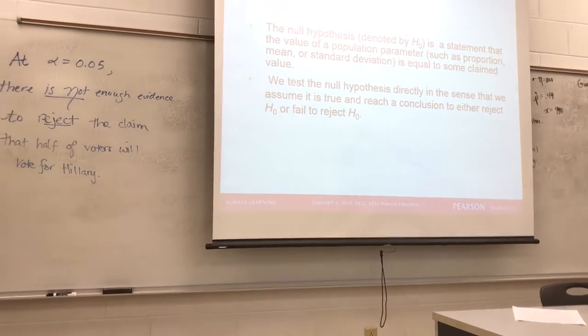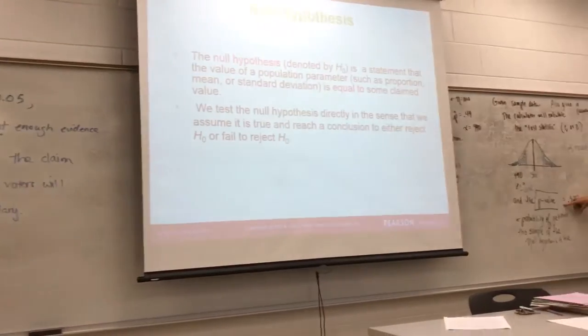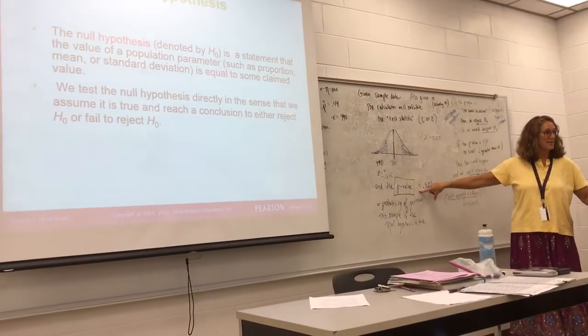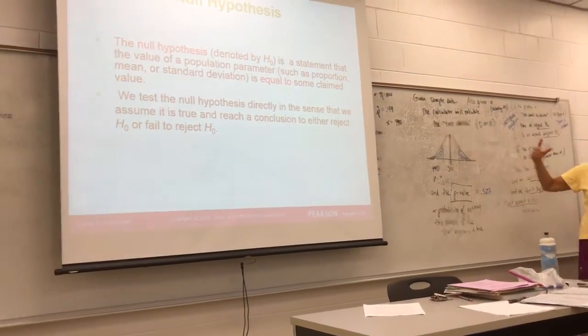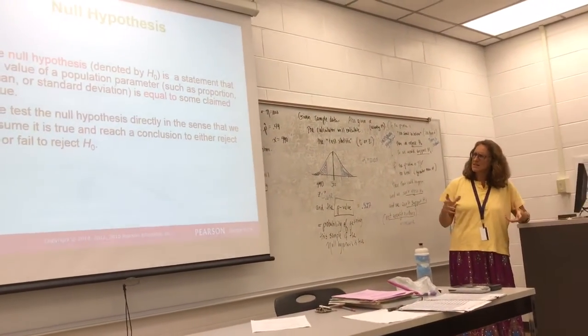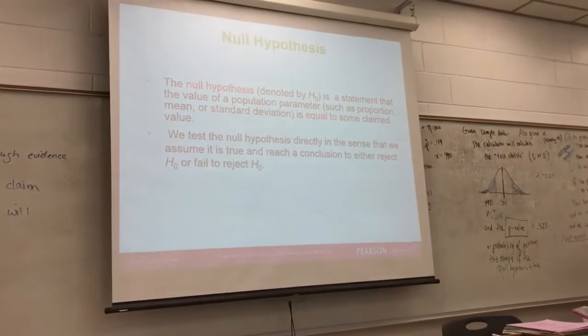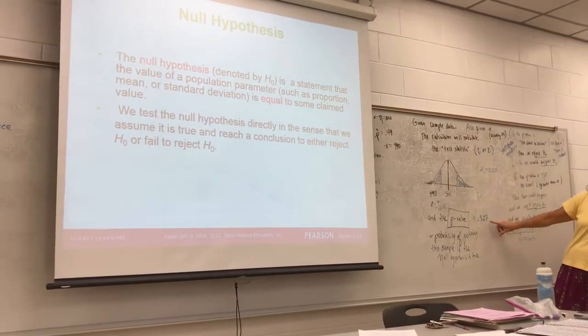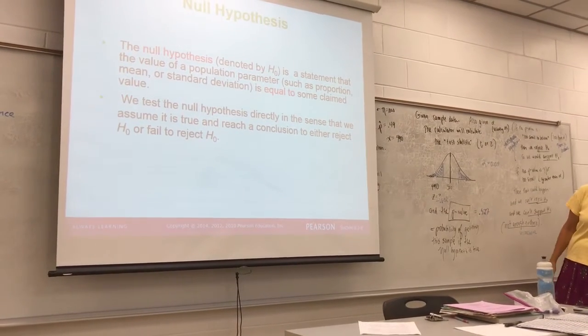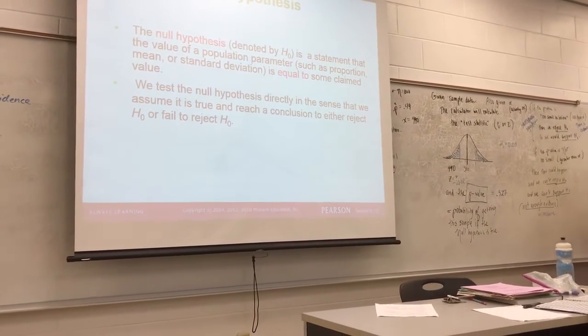That's actually another way you can view the p-value as the probability that the null hypothesis is true, right? It's more technically the probability of getting that sample under the assumption that it's true, but you can kind of say, well, if it's small, that means the null hypothesis is probably not true. So this could happen. Can't reject it.